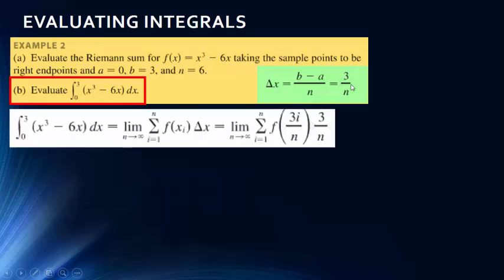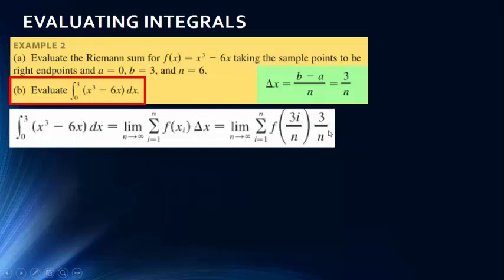All right? By definition, when we have a definite integral, this is the limit as n goes to infinity of the summation from i equals 1 to n of f of x sub i times delta x. Well, we got the delta x here, 3 over n. And now we have to figure out what x is.